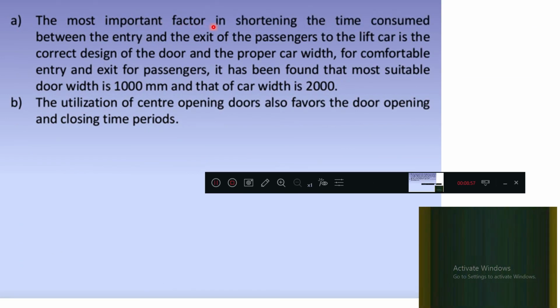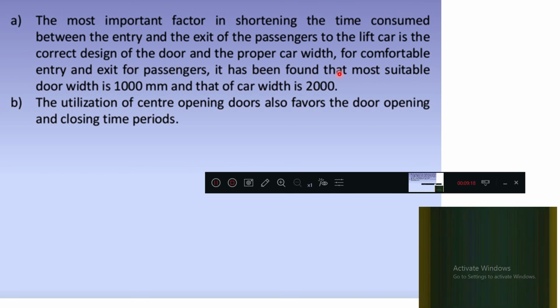The most important factor in shortening the time consumed between the entry and exit of the passenger to the lift car is correct design of the door. If you properly design the door and the car width, then the time is greatly reduced, for comfortable entry and exit.